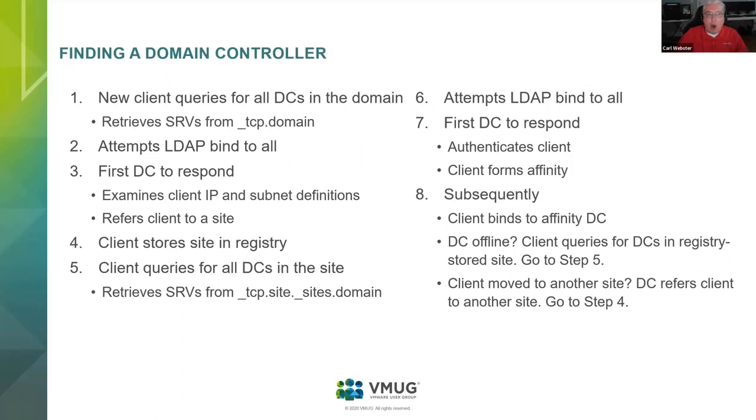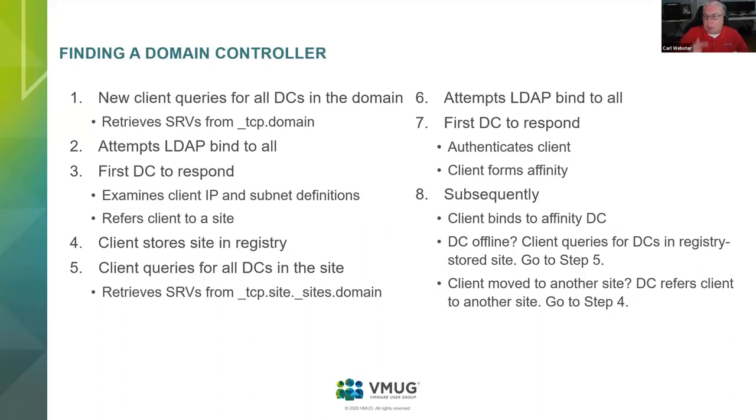It's going to retrieve all the SRV records from _tcp.domain. It's going to attempt an LDAP bind to every single one of those domain controllers. So if you've got, and I have had this, hundreds of domain controllers in a domain, it's going to attempt to connect to every single one of them.